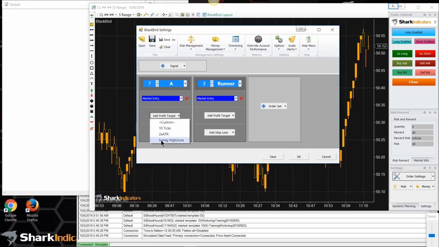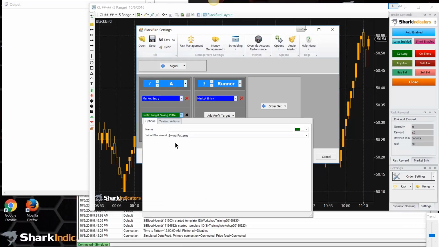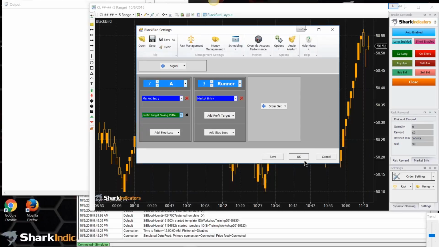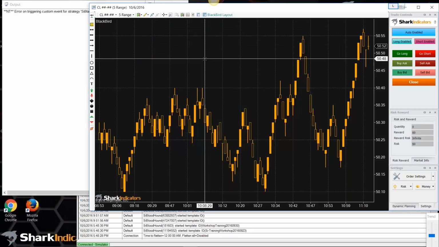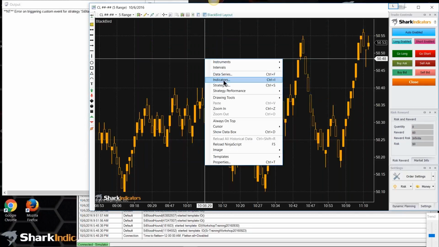So if you want to set your profit target to the last known swing point, right? That's what the swing high-low is, a swing point. So we can set our profit target to the swing pattern. And what that is doing is, let me put the indicator up on here.